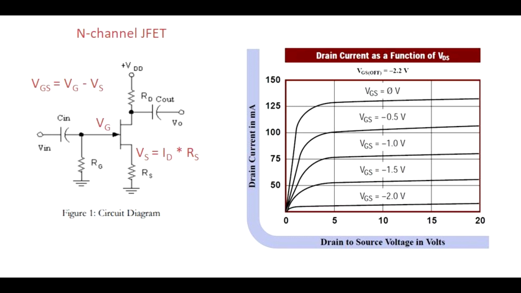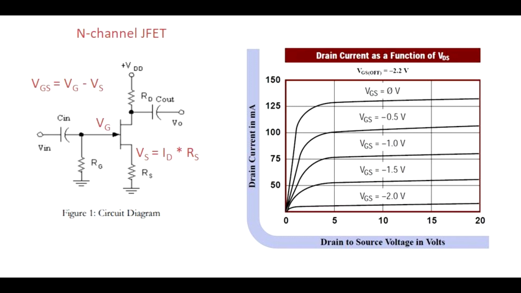So how do we get minus 1 volt on the gate? Well, we put plus 1 volt on the source. So if we have plus 1 on the source and the gate is at 0, then basically the voltage between the gate and the source is minus 1 volt. Now, to set the source voltage, if you can determine what current you want to operate the device at, then you can figure out the resistor to use as a source resistor.